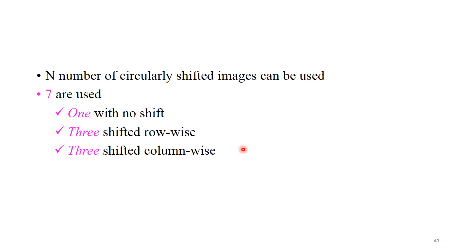This is a common criterion, because any number of images beyond 7 is not going to give us any major variation in terms of results, almost the same result we are going to get. Therefore I just restricted to 7 images. If it is possible in some particular cases to get better results beyond 7 images, yes, one can adopt 10 images, 12 images, any number of images we can consider.